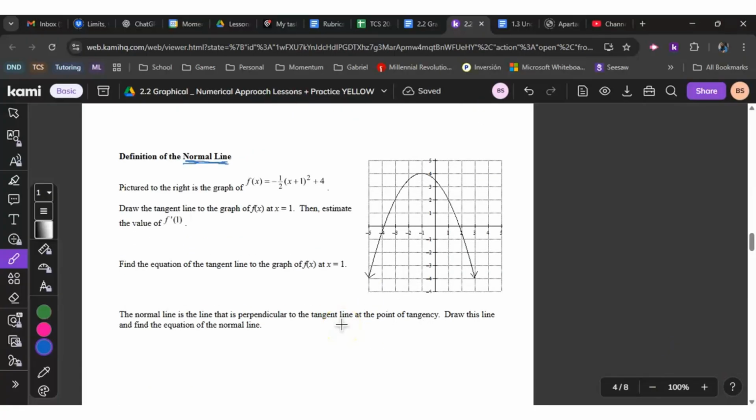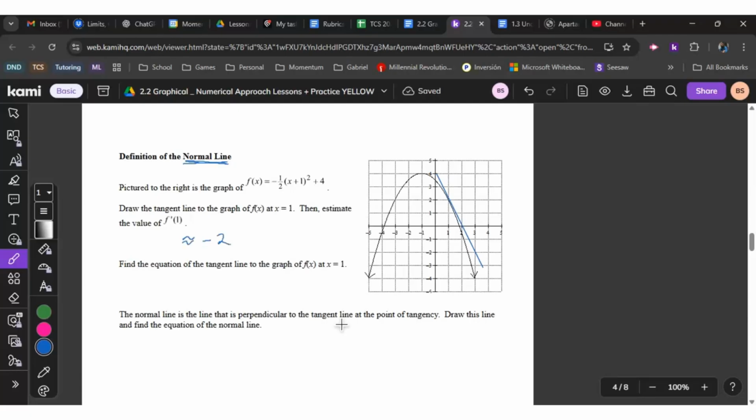the normal line. I'm going to draw a picture and help you out. Let's chill. So picture to the right is the graph of f of x. Draw the tangent line to the graph of f of x at x equals 1. I'm going to go with that roughly -2 there. Then estimate the value of f prime of 1. So what does that look like it is roughly? What's the slope of that? -2 I would say it's roughly -2.